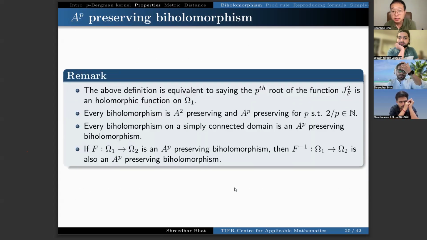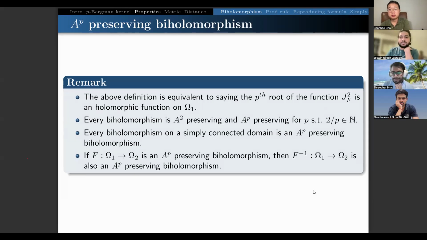It seems Jocelyn has a question. Yeah, I have a question. The p-Bergman kernels for the case p and p prime, where p and p prime are conjugate exponents, can we say something special about that? I don't think so, at least not in this one.